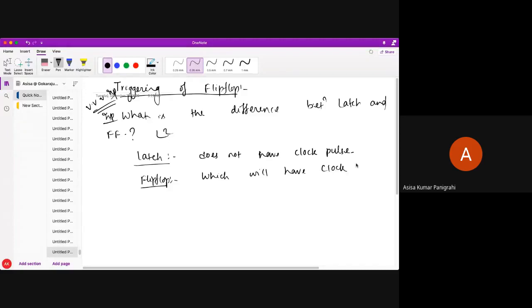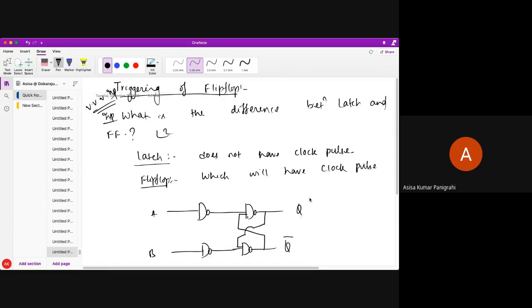Are you understanding? I did this in the initial class. I did one like this for you. I had not introduced any clock pulse at that time, and I gave the names A, B, Q, Q bar, and started assuming 0 and 1.